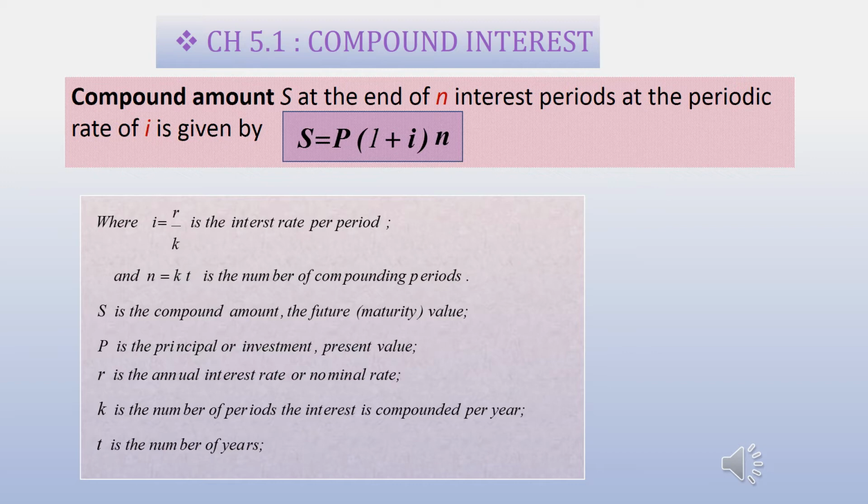T is the number of years. P is the principal and S is the compound amount. So now you know how to calculate the compound amount S at the end of an interest period at the periodic rate of I, which is S equal to P multiplied with (1 plus I) to the power of N.